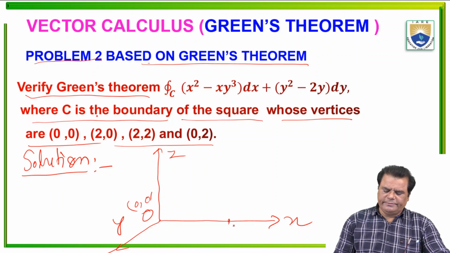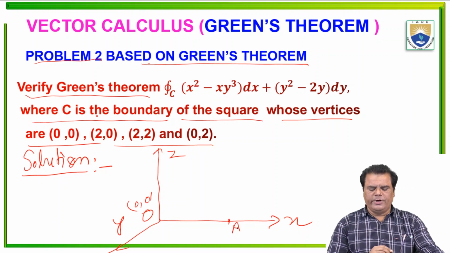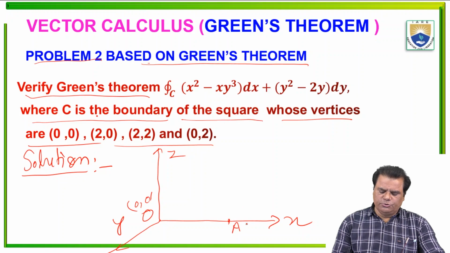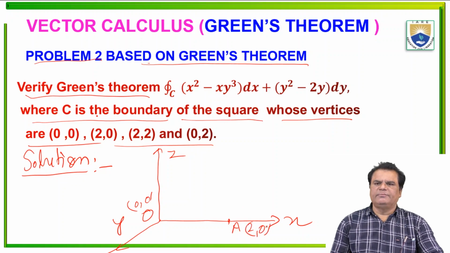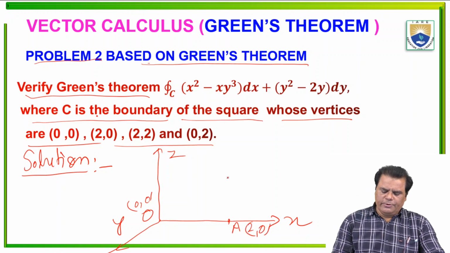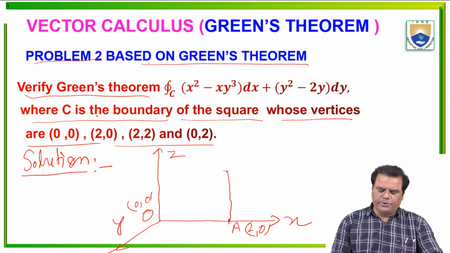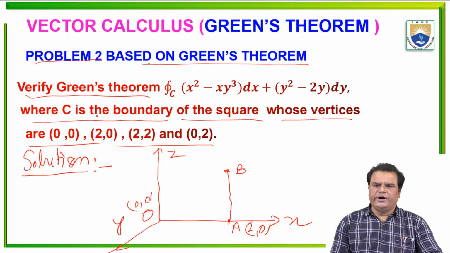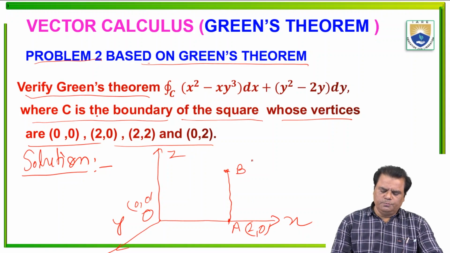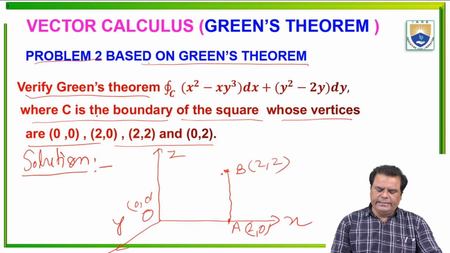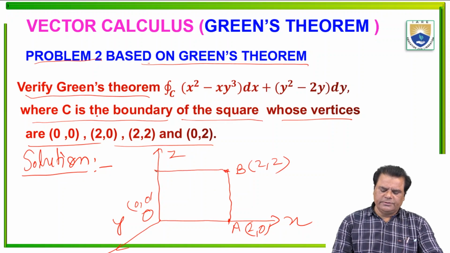And this is point A, with coordinates 2, 0. Now the next point is this, point B, which is 2, 2. And this is point C, which is 0, 2.